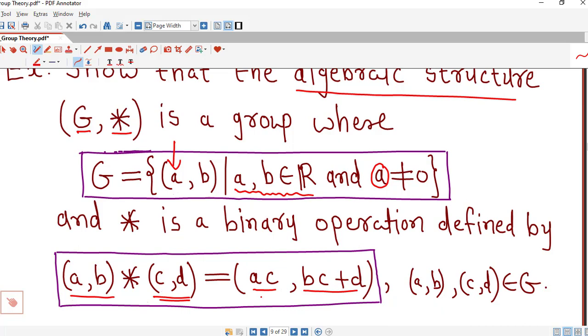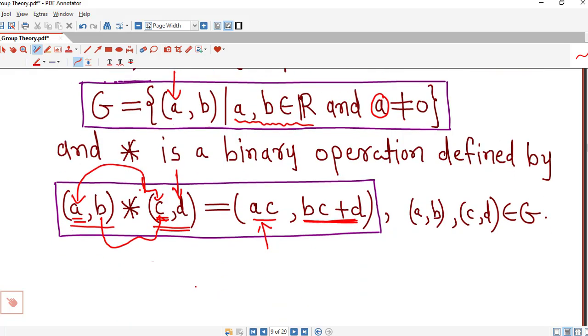That is, the first component of the resulting ordered pair is the product of the first components of both pairs, and the second component is obtained by multiplying the second component of the first pair with the first component of the second pair, plus the second component of the second pair.